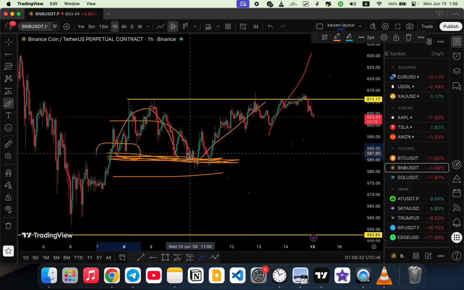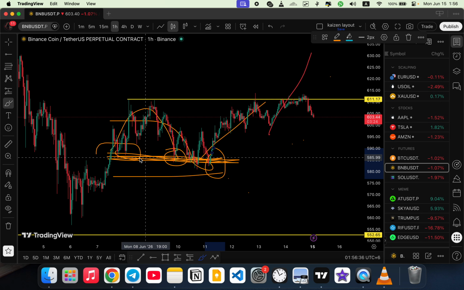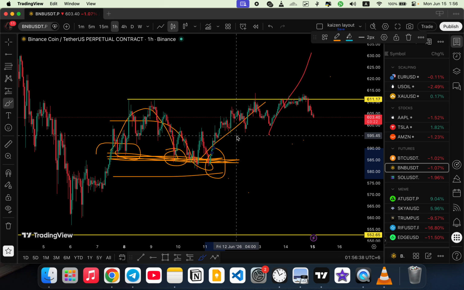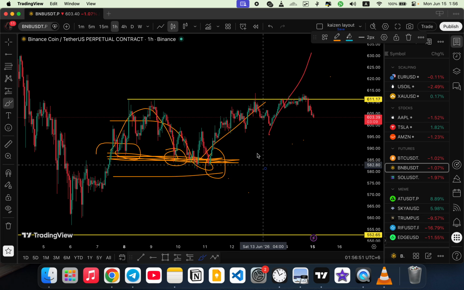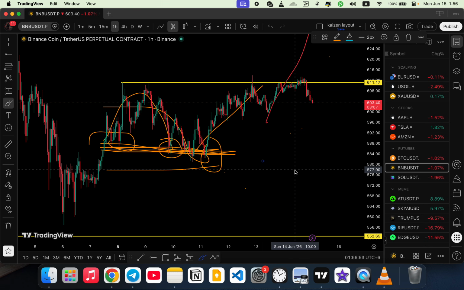One touch, two touch, three touch, and four touch. So you can enter on the third or fourth time in this zone. You have multiple entries and your stop loss is very small because you are using a lower time frame. That's how you can easily find support and resistance in trading.